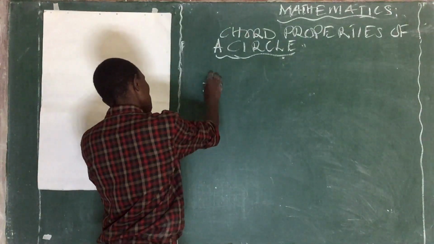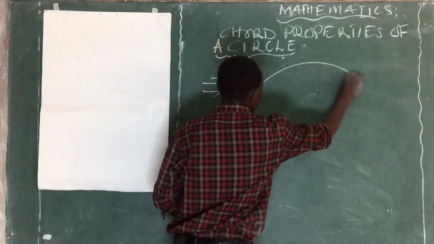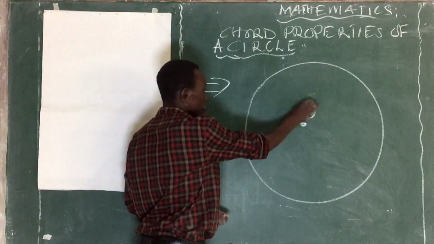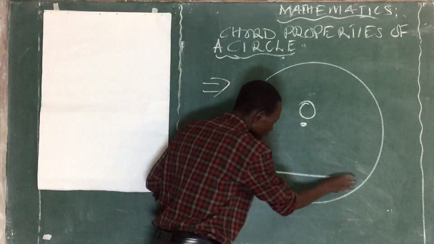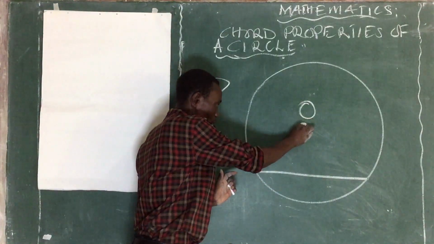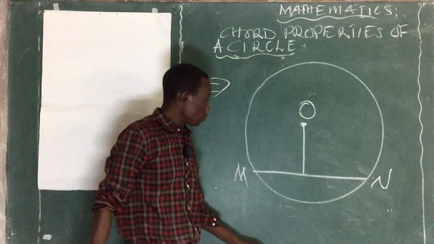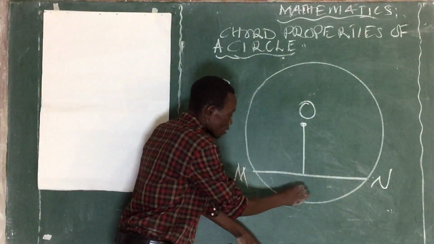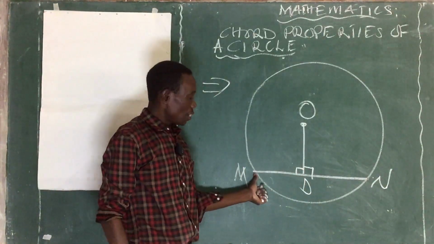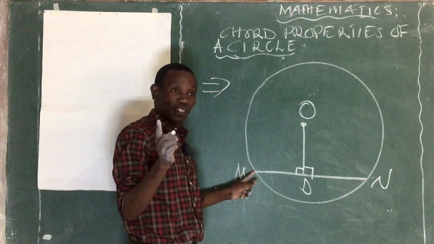Remember, we were introduced to the first chord property of the circle, which in summary says that a line drawn from the center of the circle, like center O, if it happens to be perpendicular to the chord MN, if this line, OD, is perpendicular to the chord MN, it is automatically going to bisect the chord.